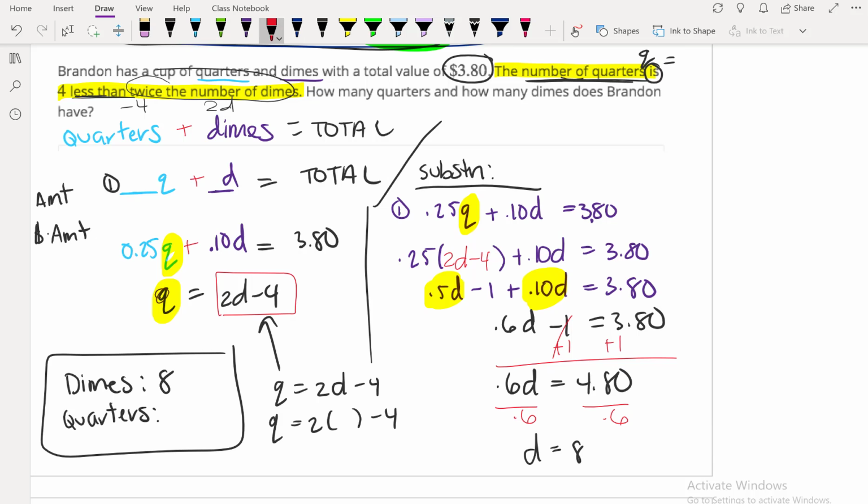And here my D value is 8. So 2 times 8 minus 4 is going to give me 12. So I have 8 dimes and I have 12 quarters. They're going to add up together to give me a total value of $3.80.